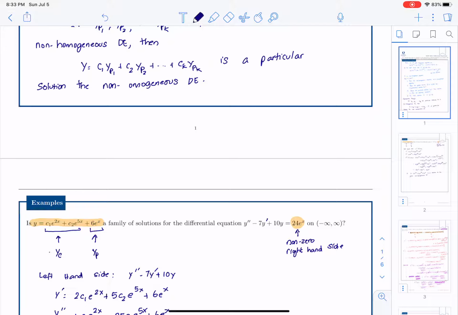And you may say, oh, there are constants there, so why would you call it a particular solution? A particular solution shouldn't have constants.